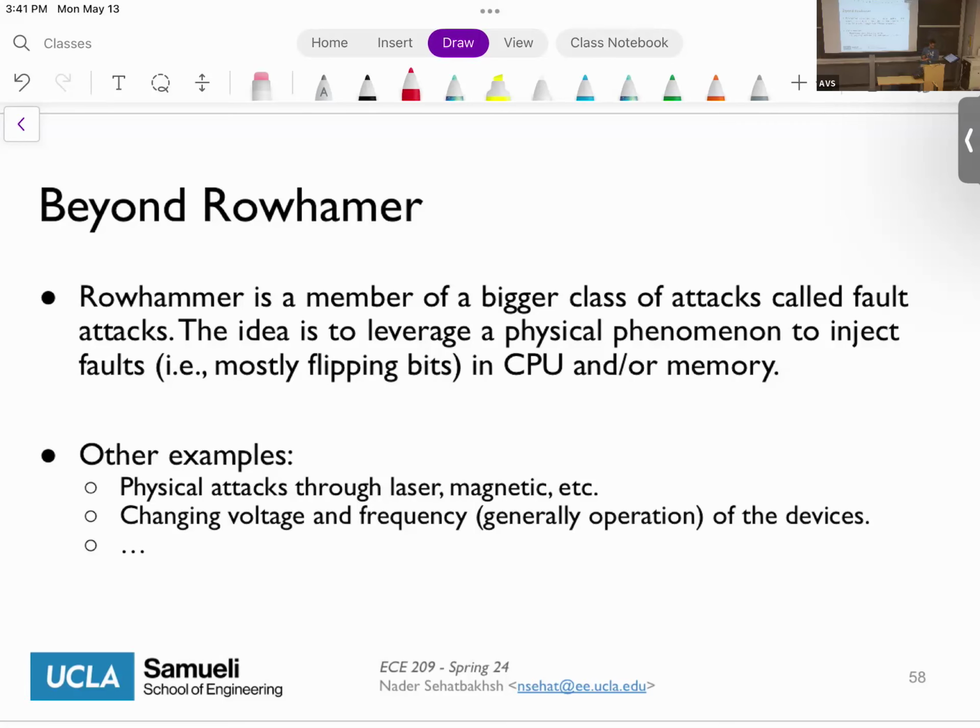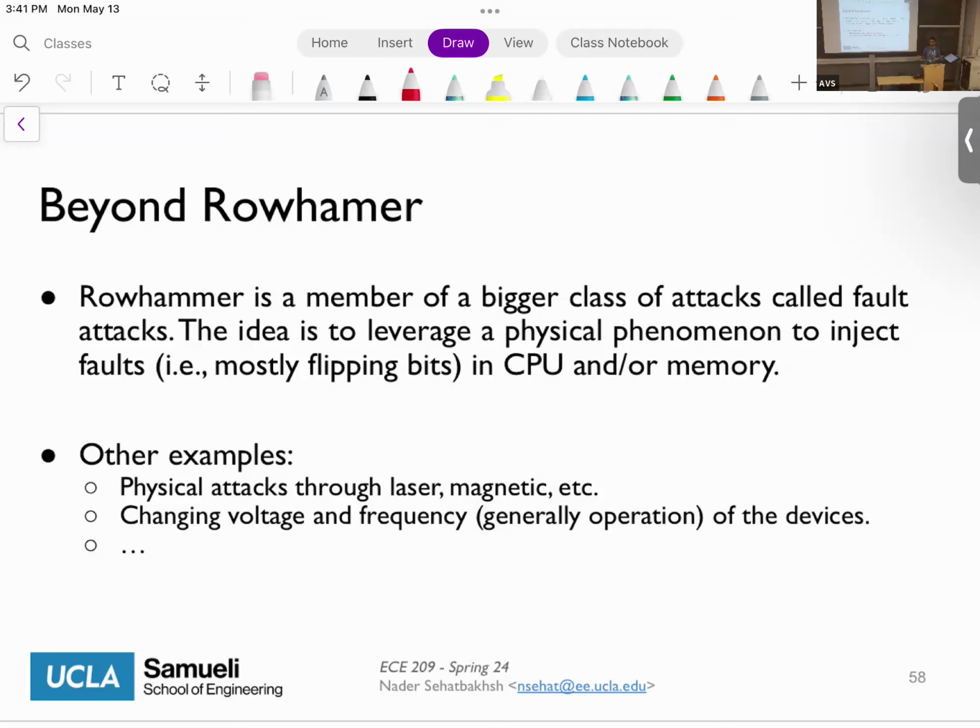Other people have shown that if you change the voltage or the frequency of the device, that will also cause some bit flips in the system. So there are tons of these different ways, usually changing some physical parameters in order to create faults in the system. And all of them cause some form of bit flips either in the memory, or on the processor, or on the way between the memory and the processor.